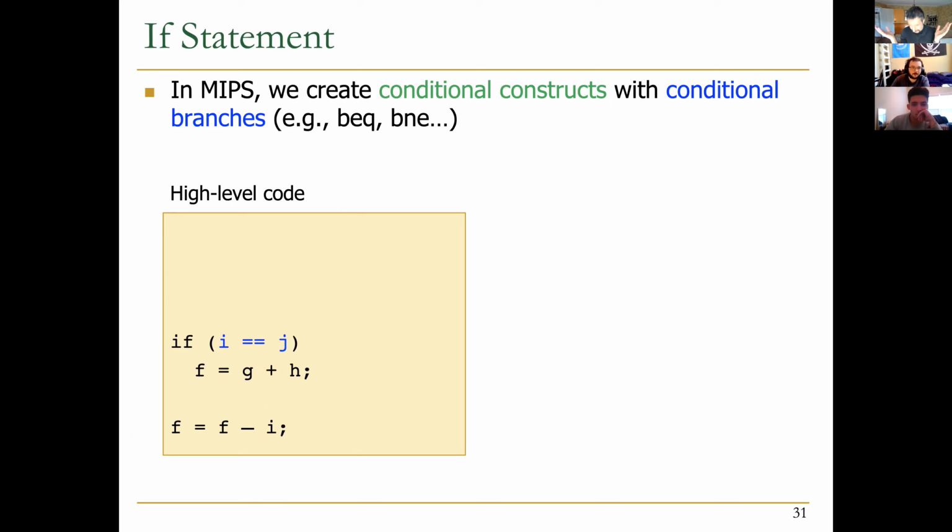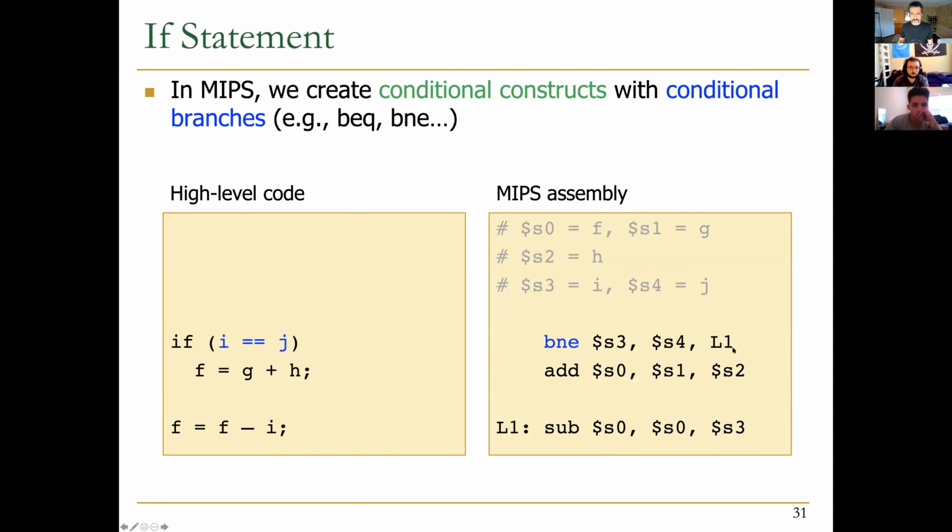It's outside of the if statement. Regardless, this line of code gets executed, so all the time, no matter whether i is equal to j or not. So this is not the else part of the if. Pay attention to these details in your exam or when you write code.